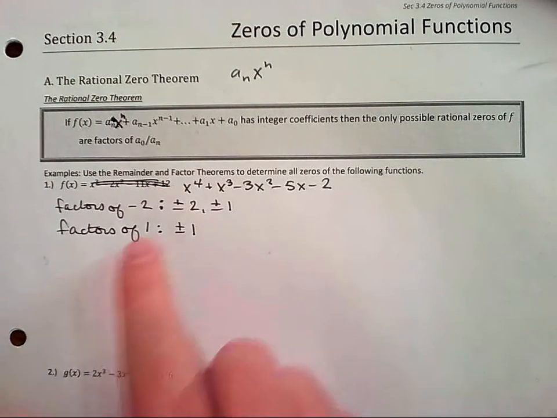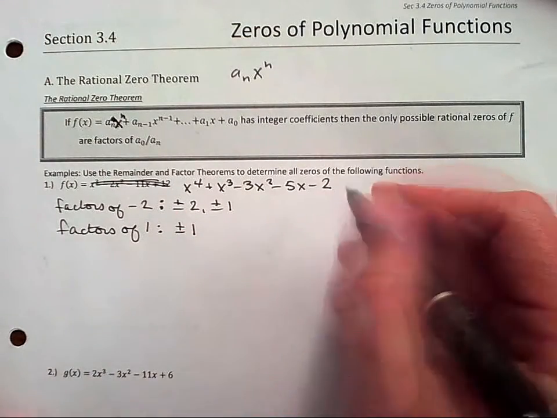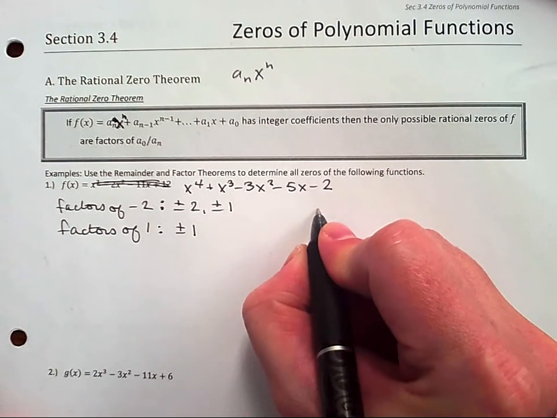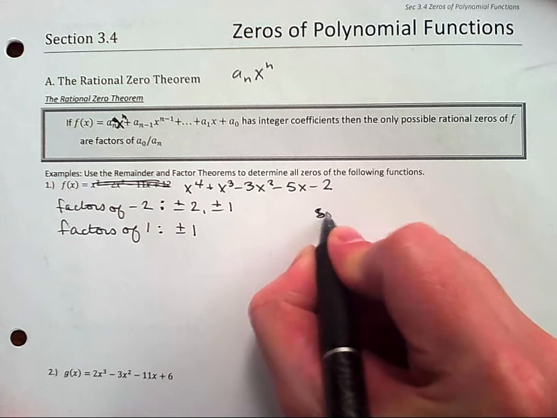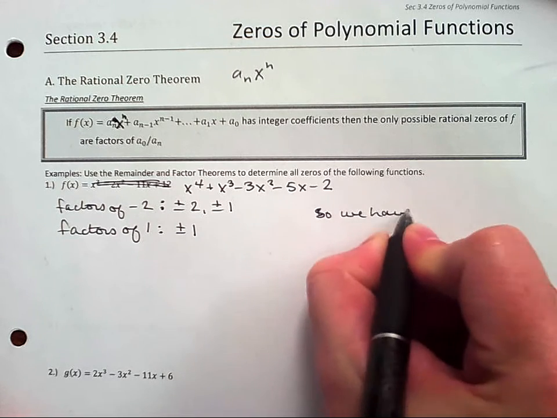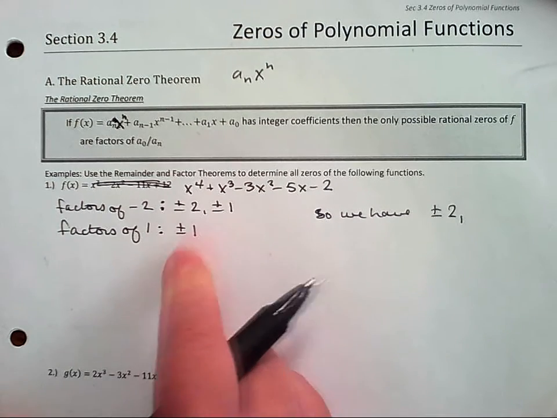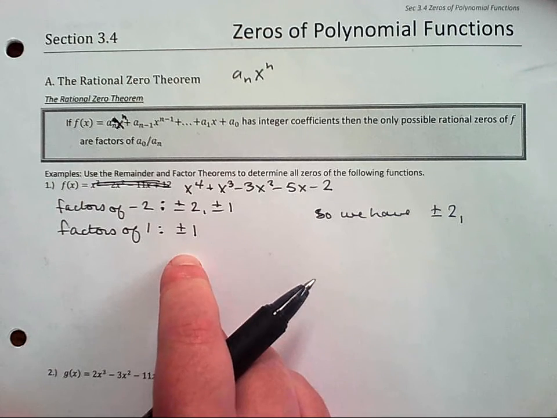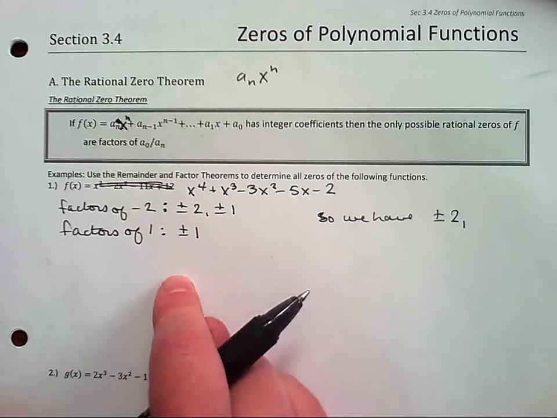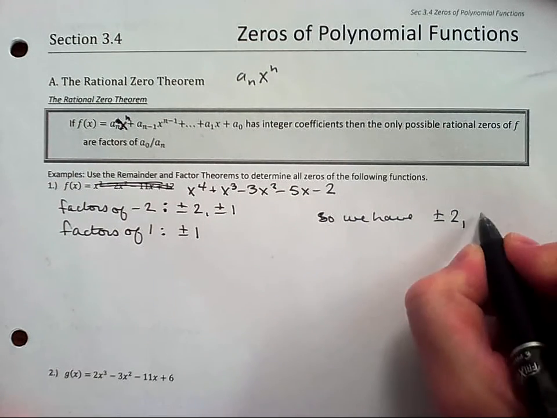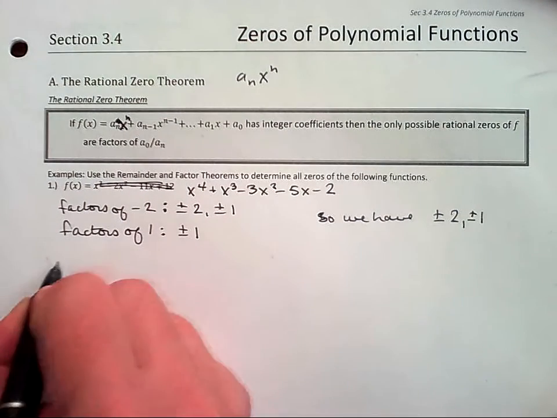So we need to do factors of these divided by factors of these. So we have plus or minus 2. So it's 2 over 1 and 1 over 1, right? Plus or minus, plus or minus. So it's plus or minus 2, plus or minus 1.